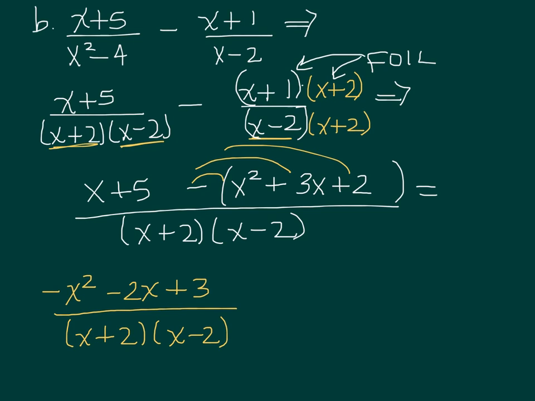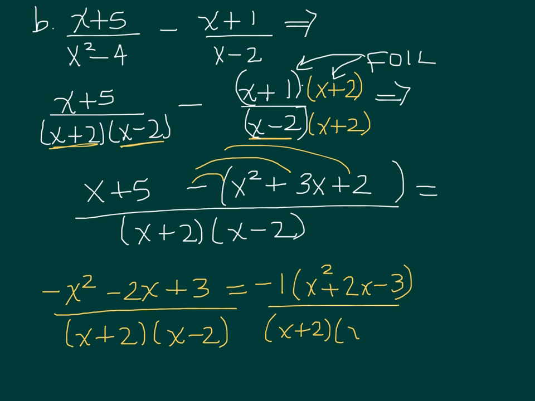Okay, we can't factor the numerator. Let's make sure. But take out a -1. Actually, we probably could if I took out a -1. And that will leave us with x plus 3, x minus 1.